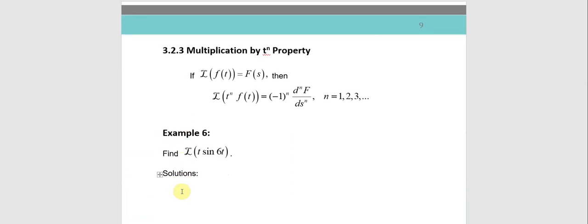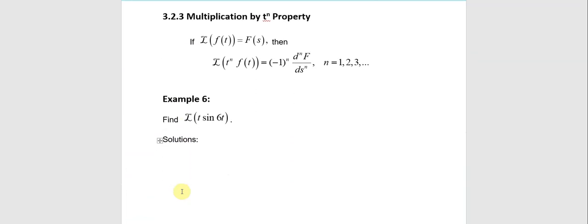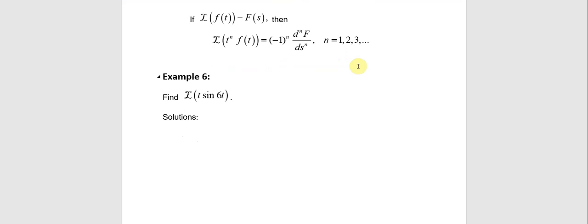Now let's go to the third property, which is the multiplication by t^n property. If the Laplace of f(t) is equal to F(s), then the Laplace of t^n f(t) is equal to minus 1 to the power of n d^nF over ds^n, where n is equal to 1, 2, and so on. Now for example 6, you need to find the Laplace of t sin 6t.